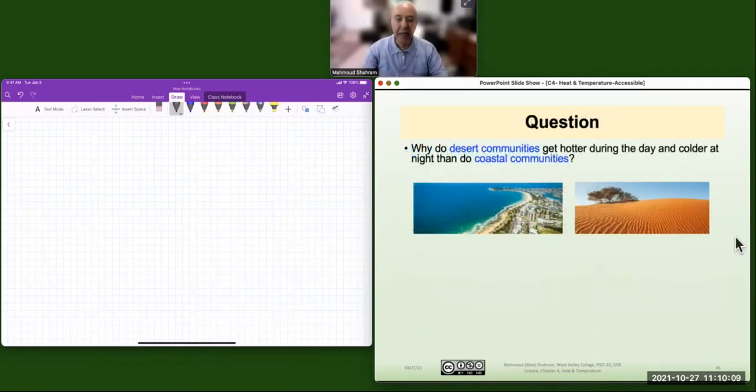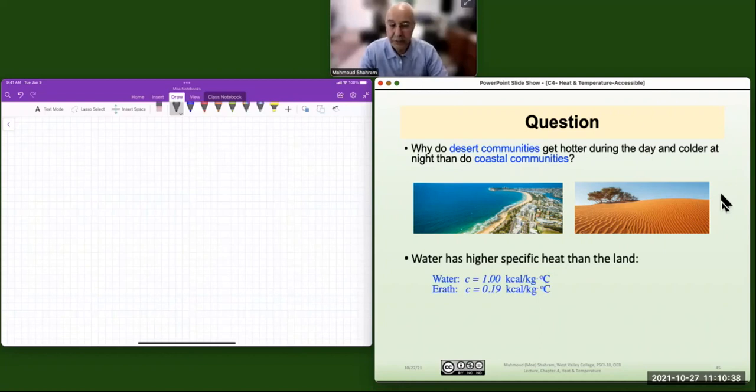Now, desert communities see a huge variation in temperature. It gets very hot during the day and very cold during the night. Why is that? Well, it has to do with what we covered about the specific heat of the land or earth.